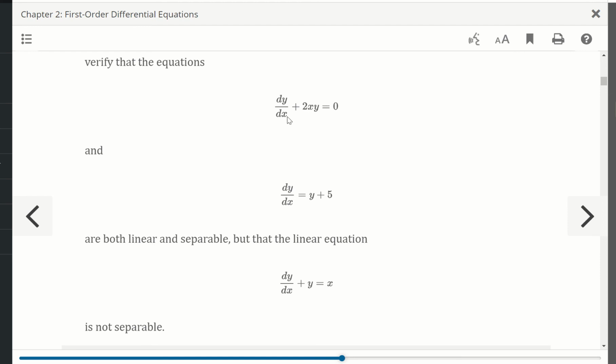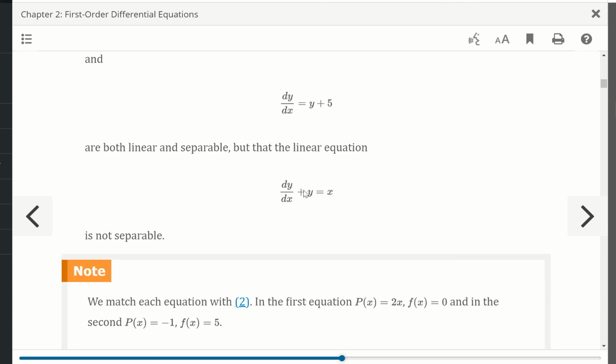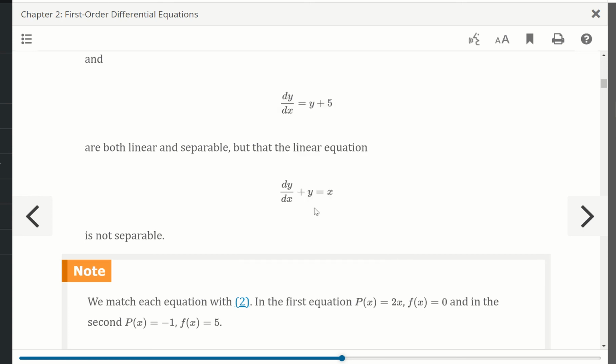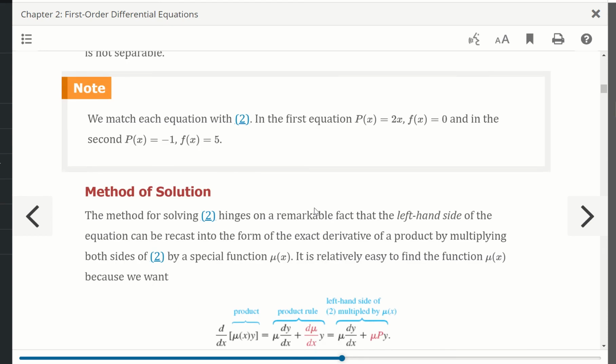So you could actually solve 1 and 2 via the separable methods we learned in section 2.2. However, this last one is not separable in variables, and so we would not be able to solve it so far with anything that we've learned in the class. What we're going to do is develop a method that will allow us to solve any first order linear differential equation. And that's what we're going to do next.